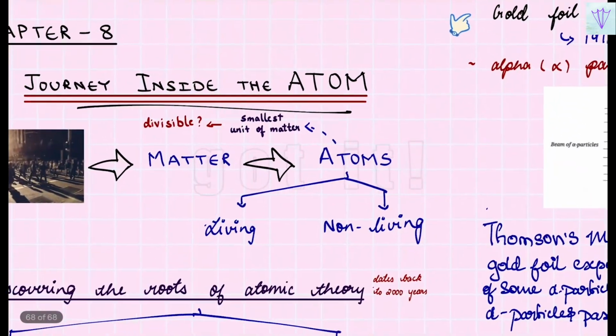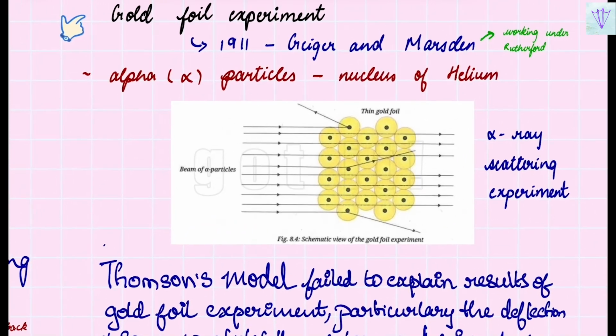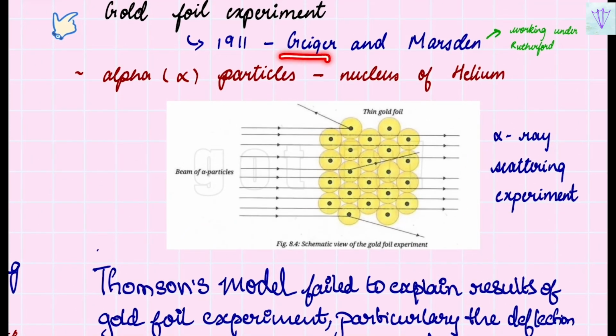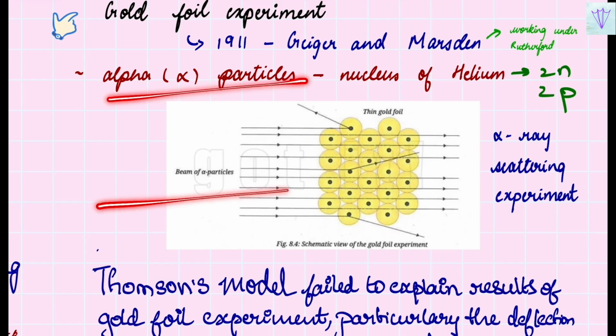But later, in the year 1911, Geiger and Marsden, who were working under Rutherford, did the gold foil experiment. They took alpha particles, which are the nucleus of helium, meaning they consist of two neutrons and two protons, which we'll study later. They bombarded them on a thin gold foil.